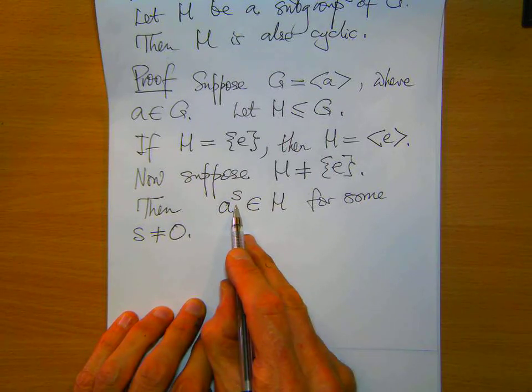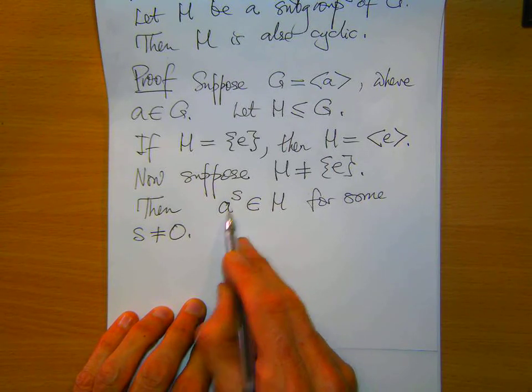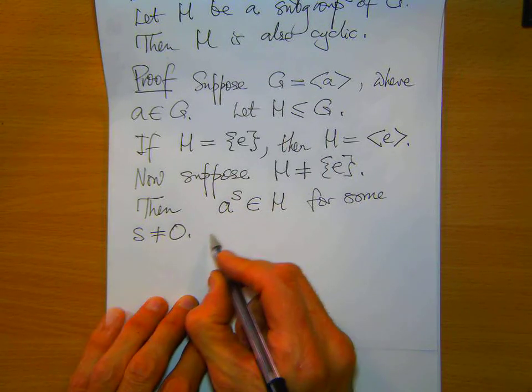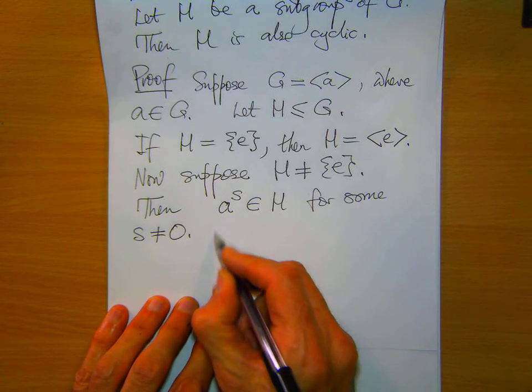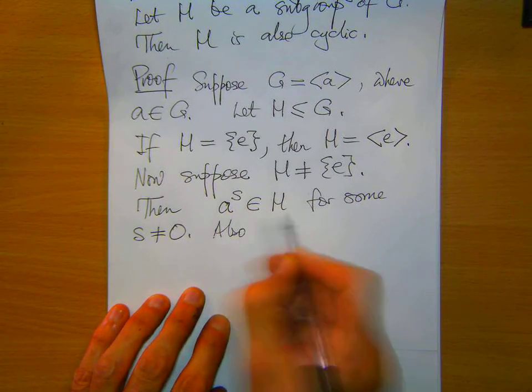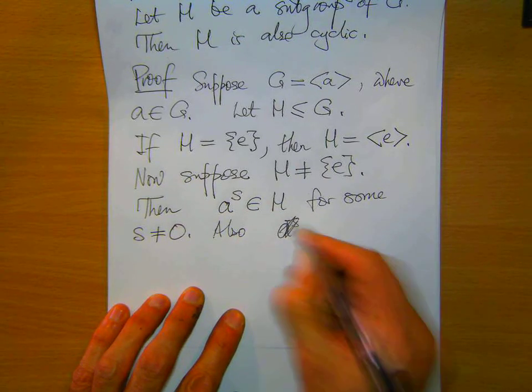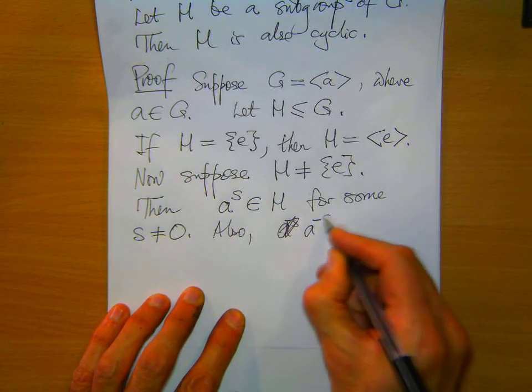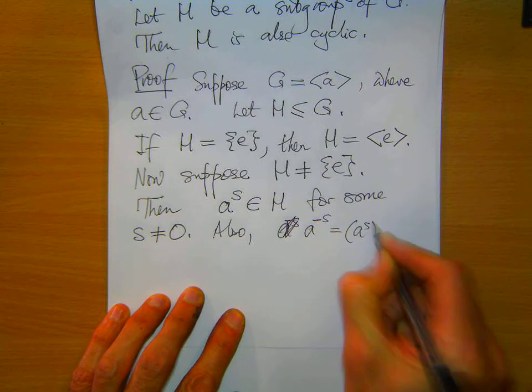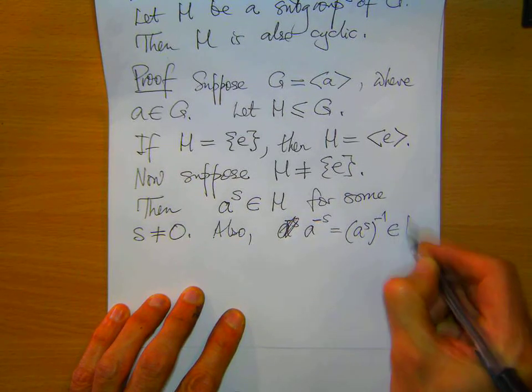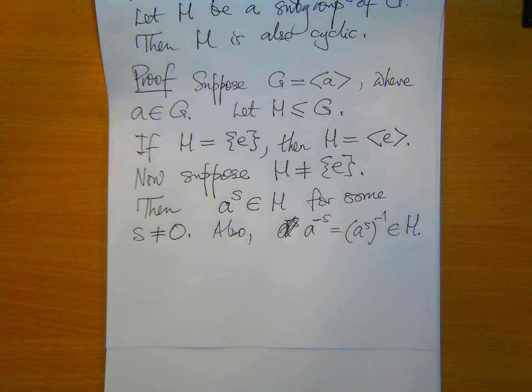Now, S could be positive or negative, but since H is a subgroup, A to the minus S, which is just A to the S all to the minus 1, will be in H. H is a subgroup, so if A to the S is in H, then its inverse is also in there.